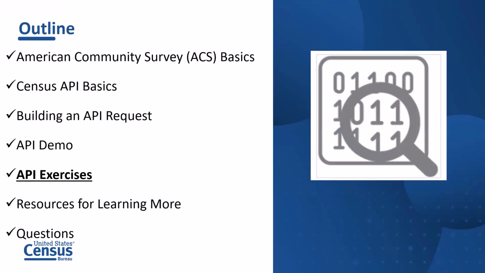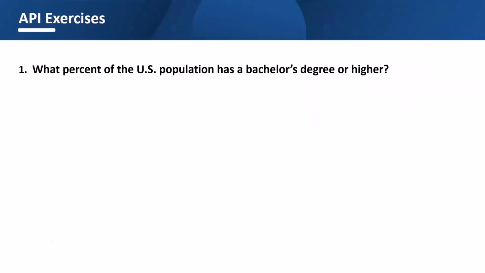Okay, so now I would like to give you an opportunity to do your own API exercises to see if you can come up with the API call to get the answer to the question. And I'll give you some time to do it on your own. So the question is, what percent of the US population has a bachelor's degree or higher?